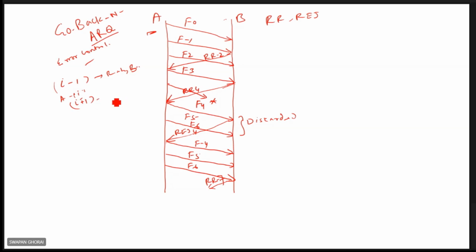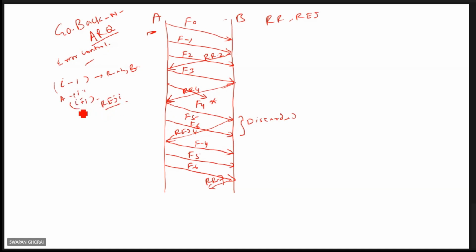If B discards these frames and sends the negative acknowledgement, REJ i, then after receiving it A will retransmit frame i as well as the subsequent frames that it has already transmitted.